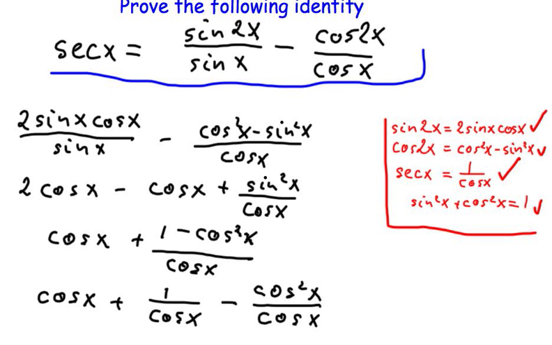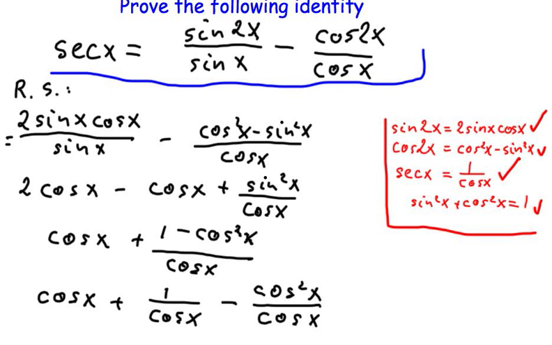So there are 2 sides to this equation. The left side has only one function, secant x, and the right hand side has a fairly complex statement. So we will start by choice from the right side. Right away in the first line, we will replace sine of 2x with this identity.